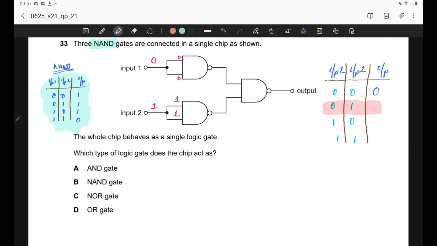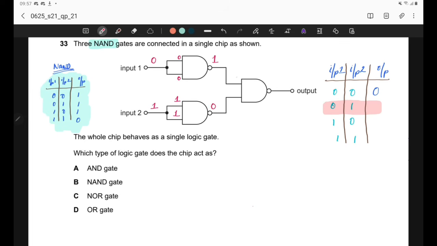We can see what will be the output for these corresponding NAND gates. When both inputs are 0, 0, the output will be 1. So here the output will be 1 for the first NAND gate. Likewise, when both inputs are 1, 1, the output will be 0. So for the second NAND gate, the output will be 0.